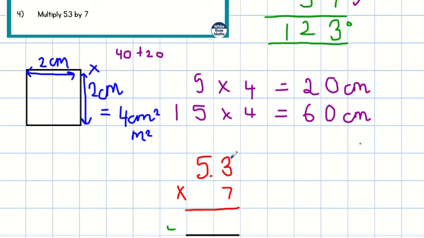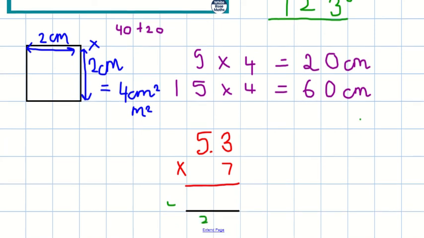So I'm going to start over here. 3 times 7 is 21. At this point, I need to put my decimal point in. And 5 times 7 is 35. Add the 2 you've carried is 37.